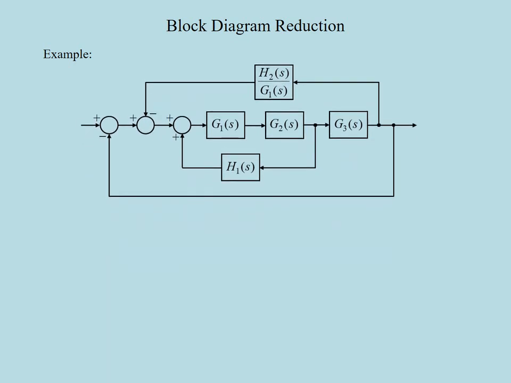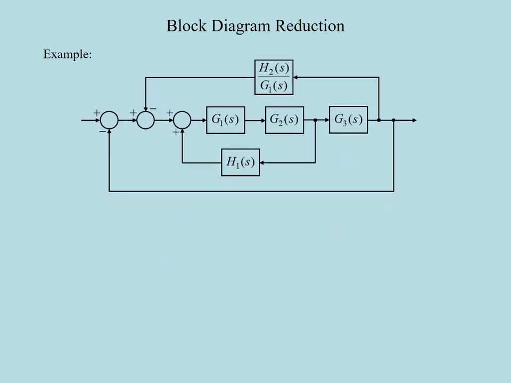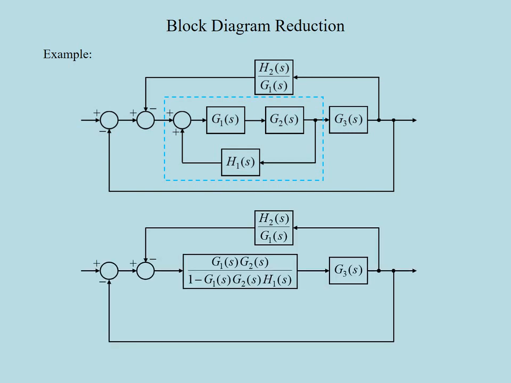We can now start simplifying from the innermost loop. That is a positive feedback loop with the feed-forward blocks G1 and G2 and the feedback block H1. Therefore, I can replace this part of the block diagram with a single block having the transfer function G1 G2 divided by 1 minus G1 G2 H1.